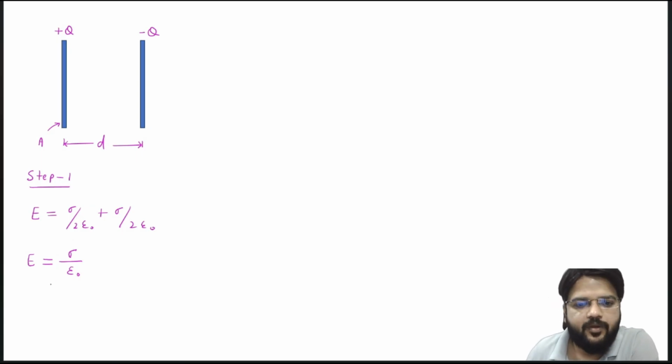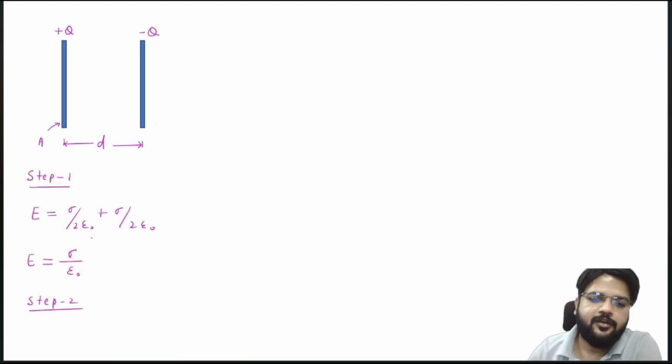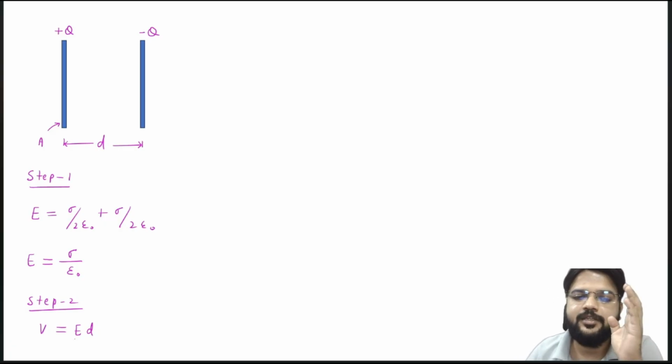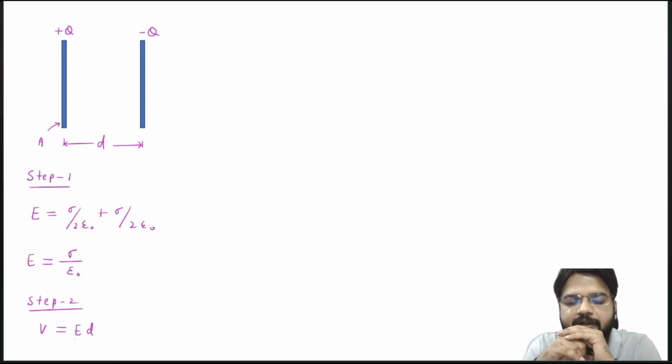All right. Now the second thing is to calculate the potential difference between these two plates. How will we get it? We know one formula, everyone: V equal to ED. Correct? From this formula, we get the relation between electric field and potential. Here V is the potential difference between these two plates, and E is the electric field.